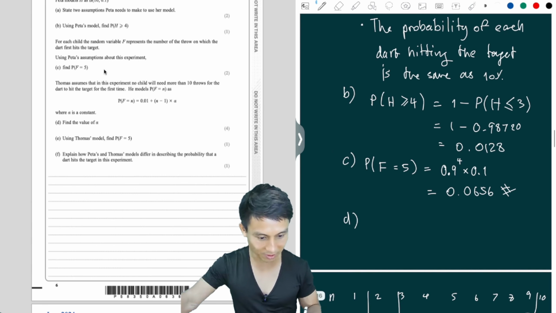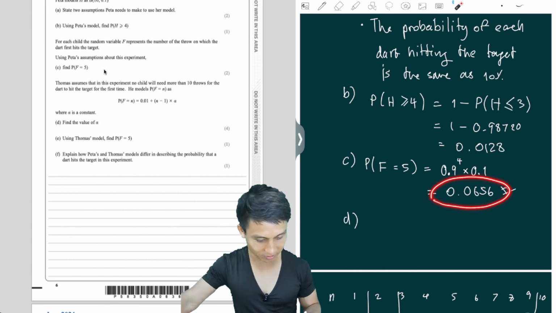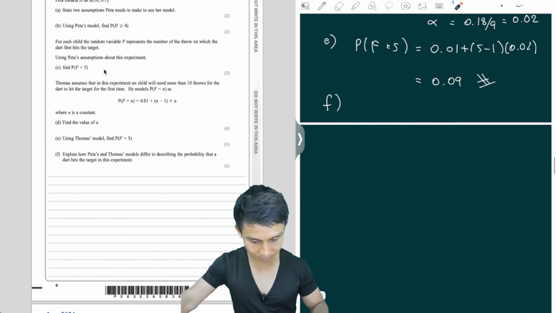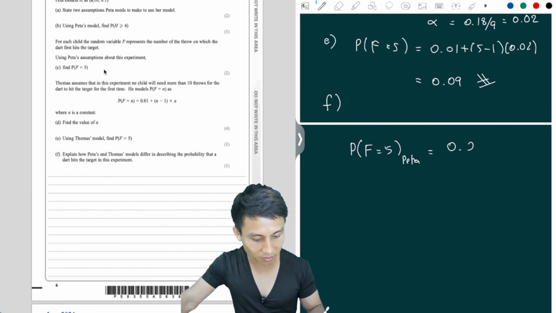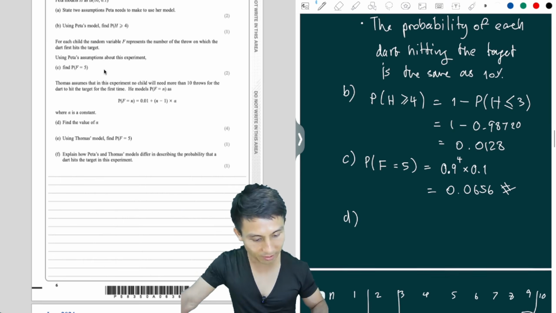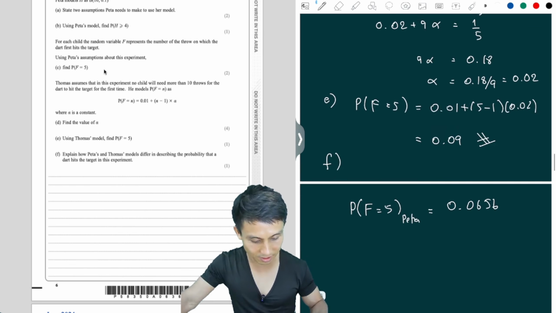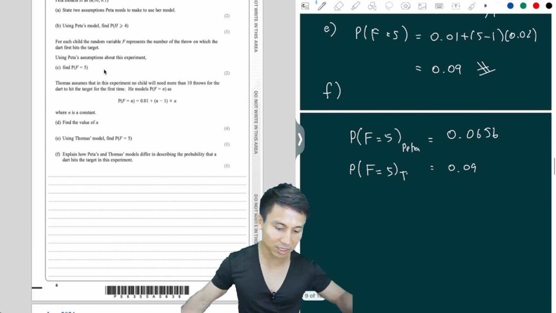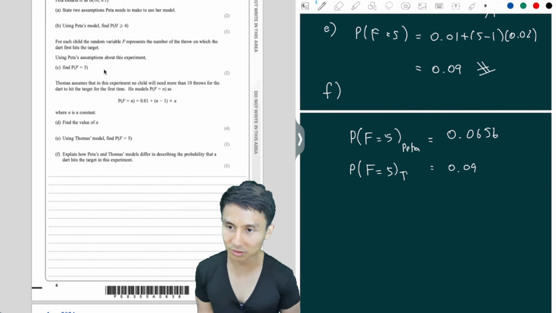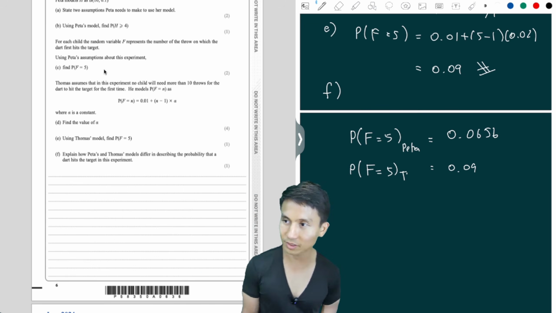Part C, right? 0.0656, yeah? So P(f = 5) according to Peters' model is 0.0656, but P(f = 5) according to Thomas's model is 0.09. Do you see that Thomas's is greater than Peters'?